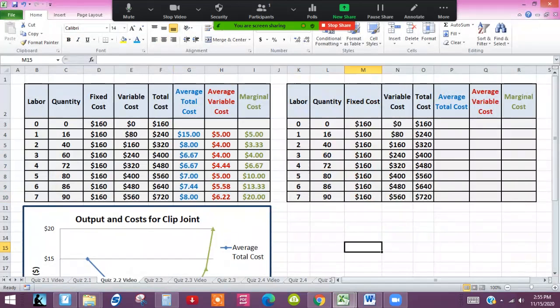You're going to see a table that looks like the one on the right. So you're going to have to compute, not all of these, just the ones that I'm going to ask you for. So maybe 2 of the rows.